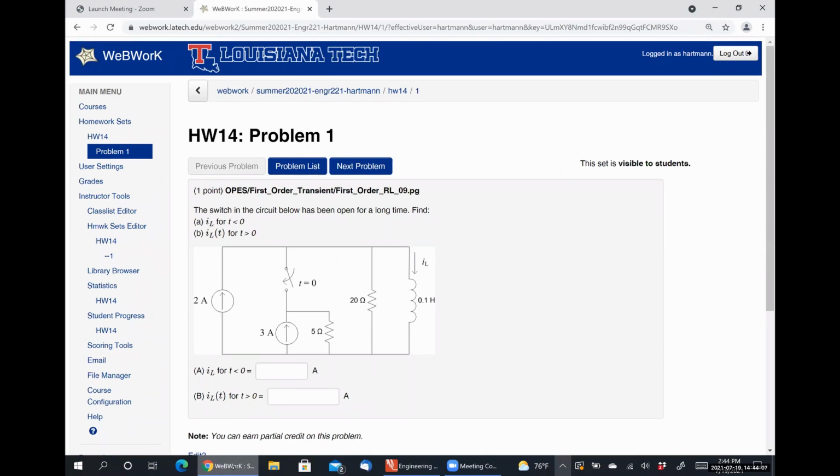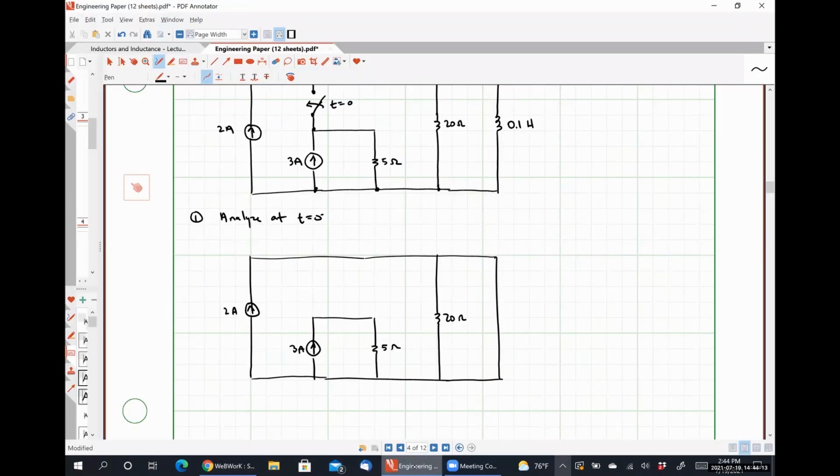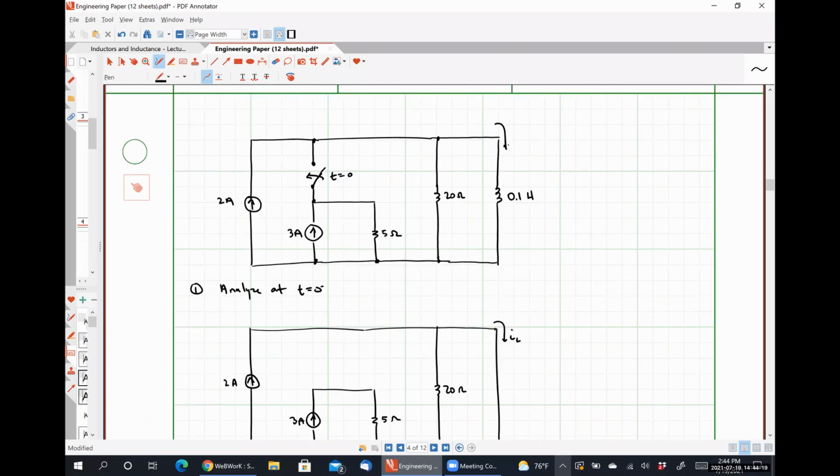IL for t less than 0 and IL of t for t greater than 0. All right, so we're looking only for the inductor current here, IL of t.